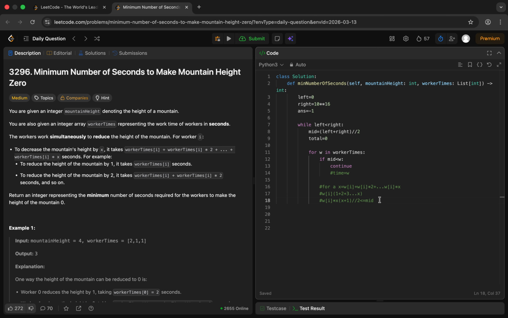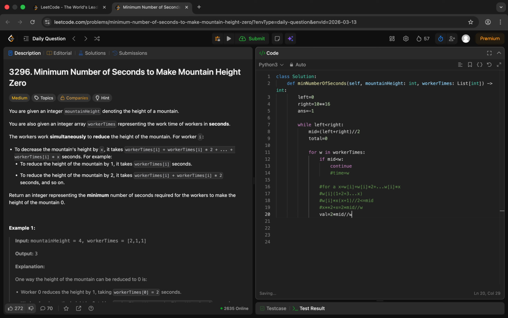Now simply you can do the quadratic equation, and you will find that we get x square plus x equal to 2 times mid divided by w. We can set this value equal to 2 into mid divided by w.